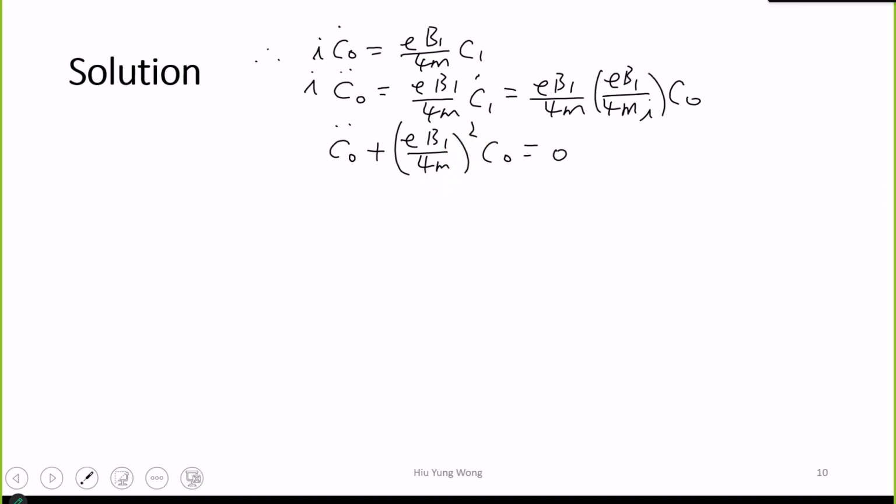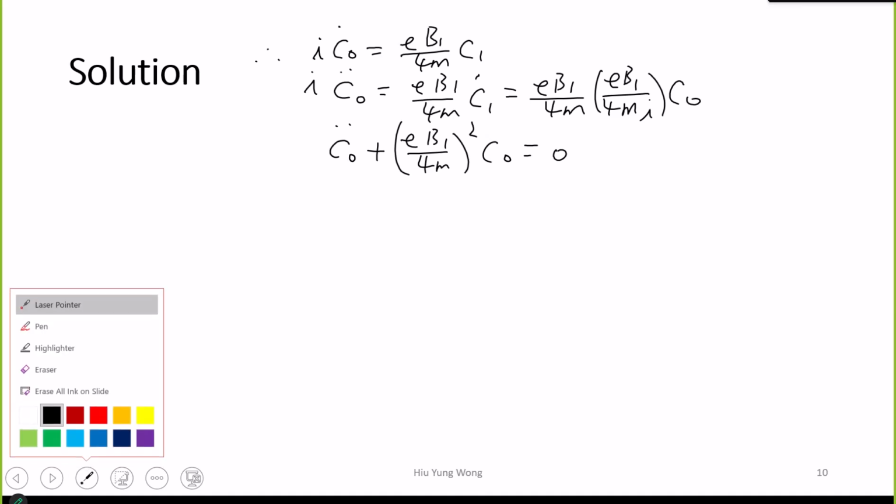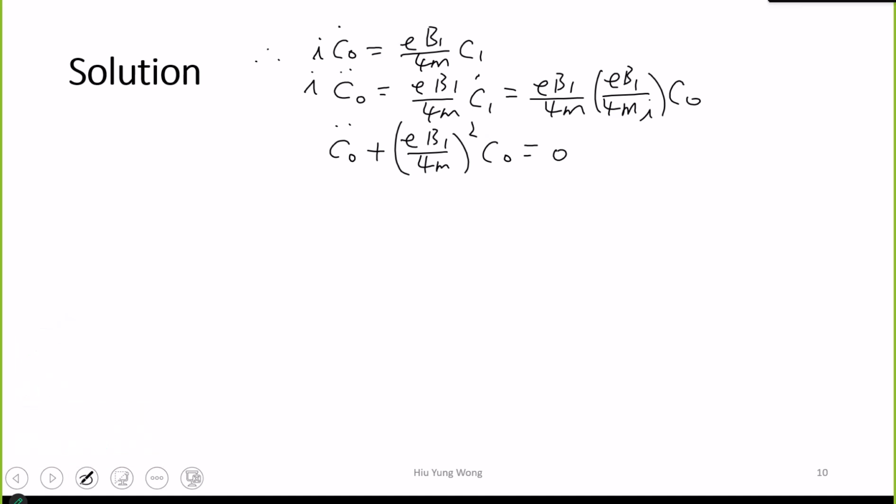So you naturally will say, let me define omega R dash. It's still not the Rabi frequency. Omega R dash is EB1 divided by 4M. Okay? Then I have this equation: C0 double dot plus omega R dash square C0 equal to 0.